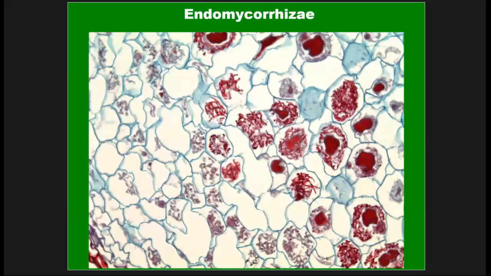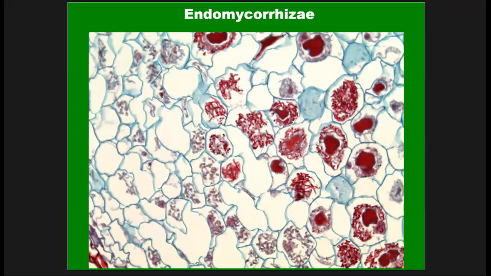If you look at a root under the microscope in cross section, all of the red is the fungal hyphae. And so these are mostly all arbuscles. You see a few vesicles as well. All the balloon-like shapes are vesicles.